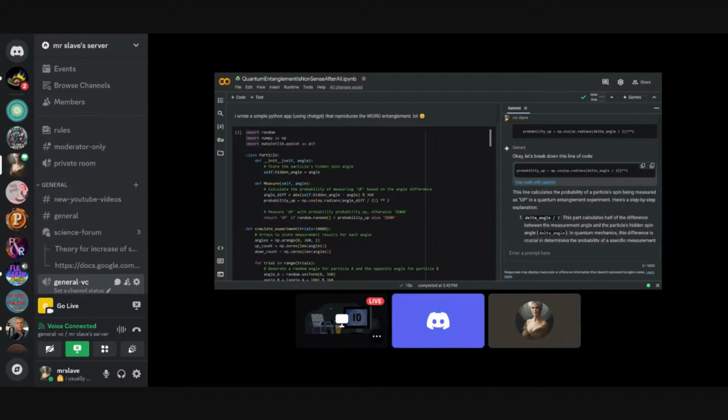Well, let's go to 6 o'clock. If the particle is 6 o'clock and the magnetic field is 12 o'clock, it'll be down, exactly. But in this experiment, we're asking particle A, are you up? That's the question.